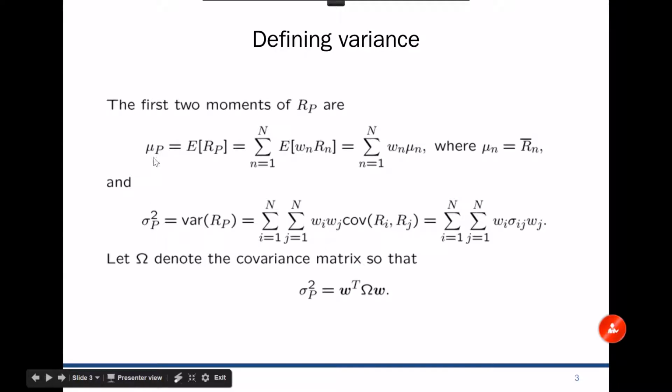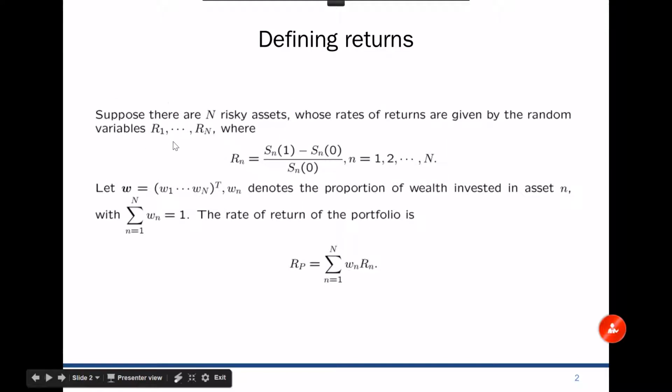For the first moment, which is the expected value, it is the expected return of your portfolio. Suppose you invest $1 in the portfolio. Tomorrow your wealth will become 1 plus RP. If RP is positive, you make money. If RP is negative, it is less than 1, therefore you lose money, right?